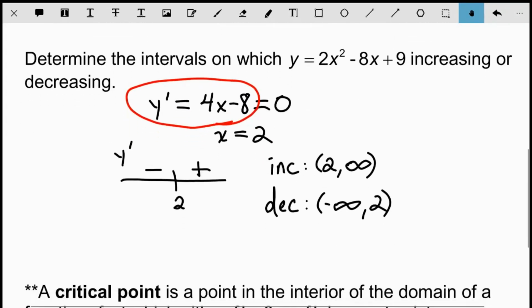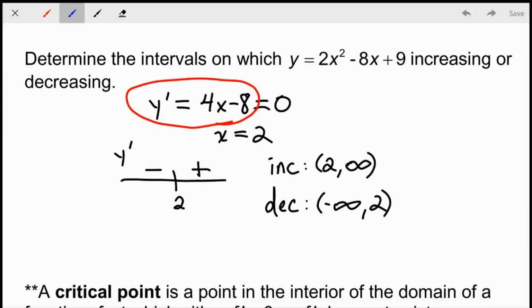Another thing you can do with these sign charts, when you first look at them, if you're not quite sure what's going on with your function, you can just use little segments to represent the different parts of your function. So for example, here I can see that my derivative was negative, so that means my function was decreasing, and then my derivative became positive. So my function was going down, and then it went back up. And think about a quadratic function with a positive leading coefficient.